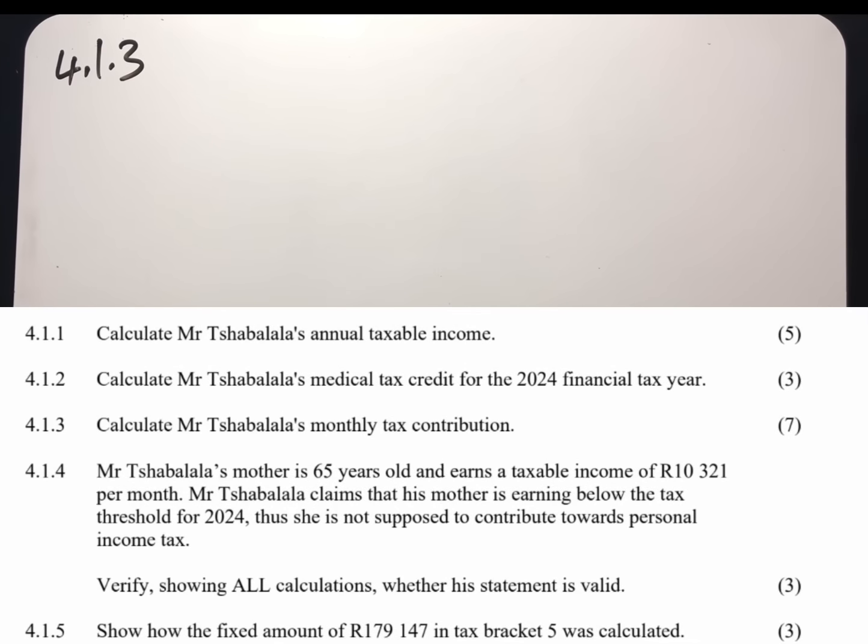And then we go to 4.1.3. Calculate Mr. Chabalala's monthly tax contribution. For us to calculate tax, we are going to use the first answer and the second answer. The first answer of 4.1.1, don't forget, is the annual taxable income.